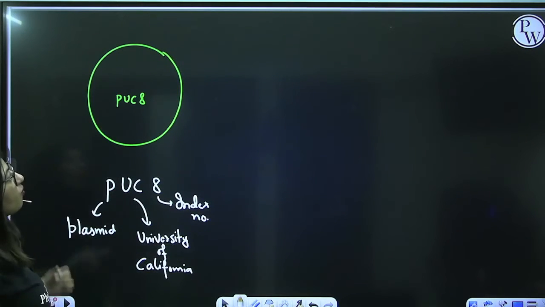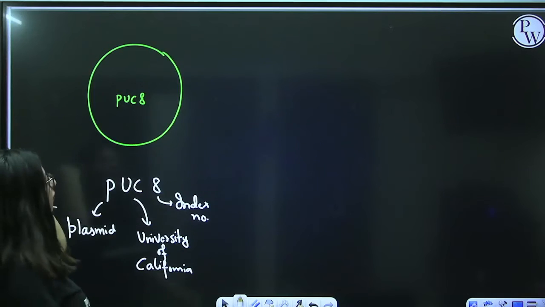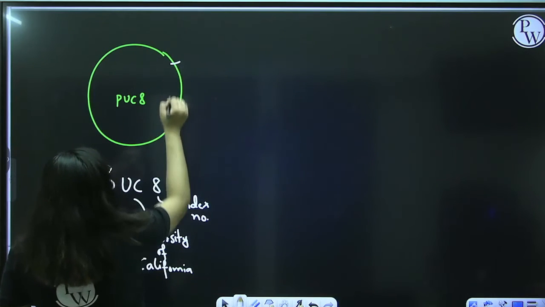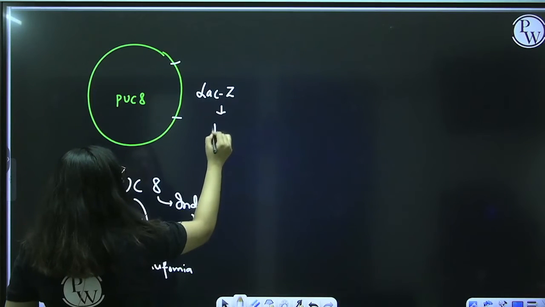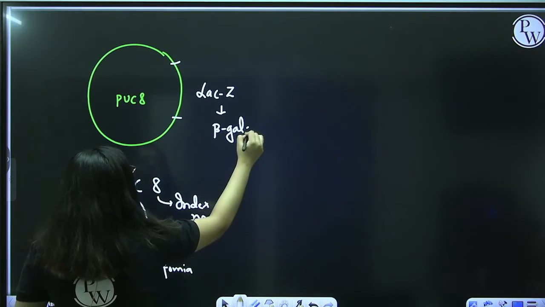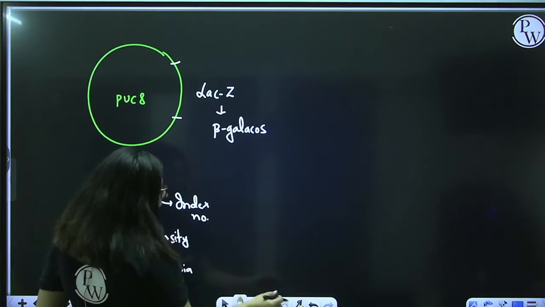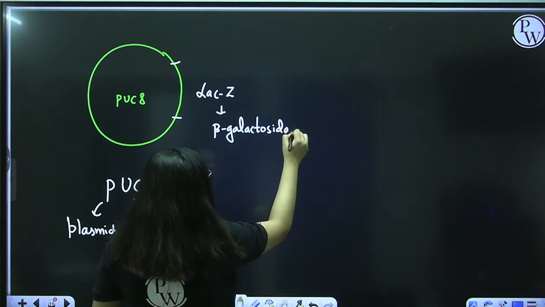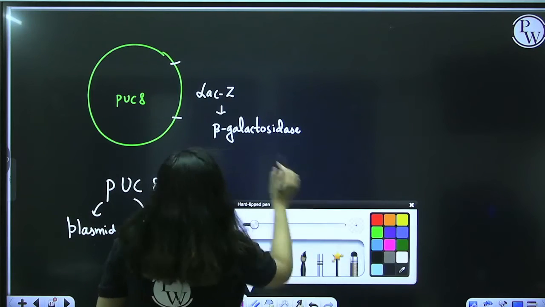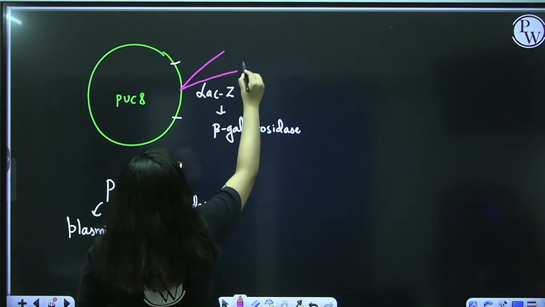Okay. Now what kind of genes does it have? First of all, it has this gene which is the lacZ gene. The lacZ gene produces beta-galactosidase enzyme, and this has multiple cloning sites.